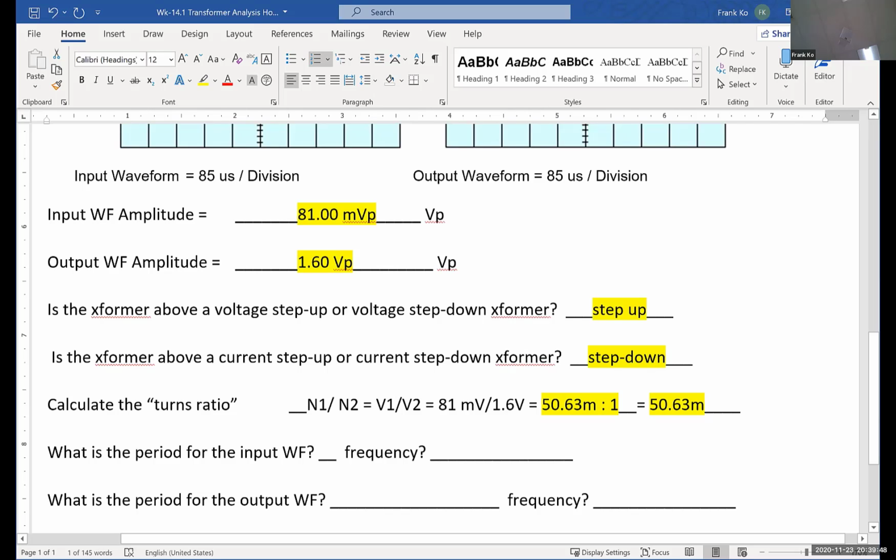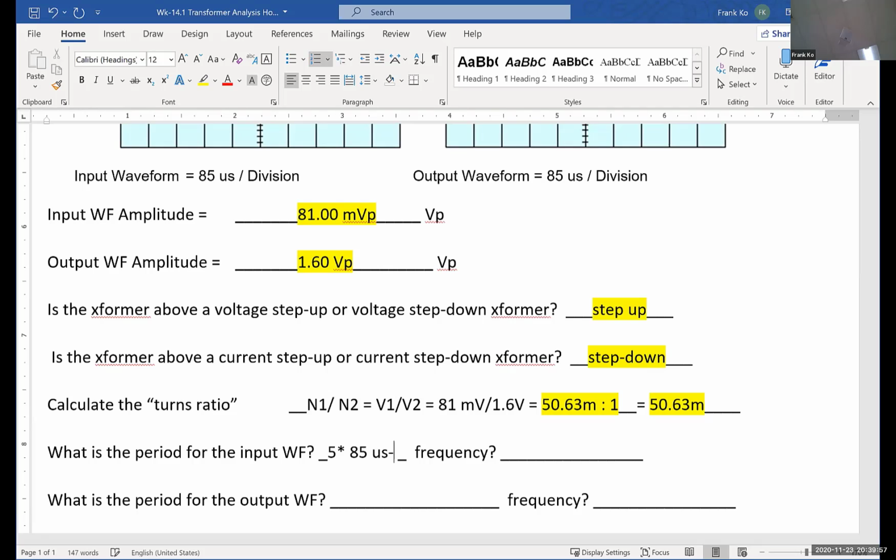So it would be 5 times 85 microseconds equals, and you calculate 425 microseconds. Okay. How many people concur? Good.